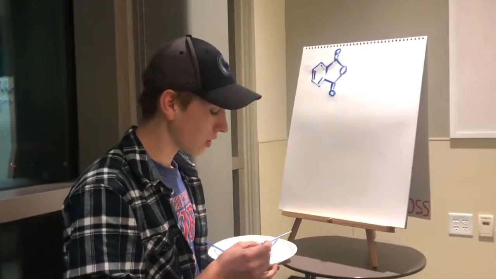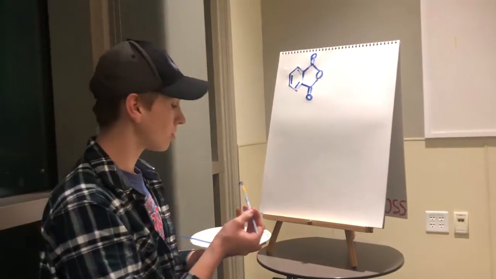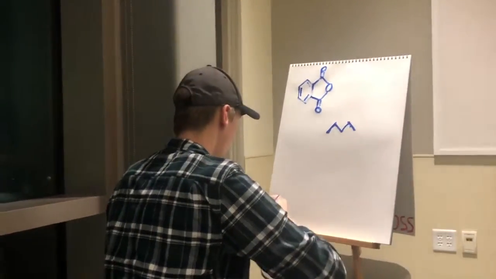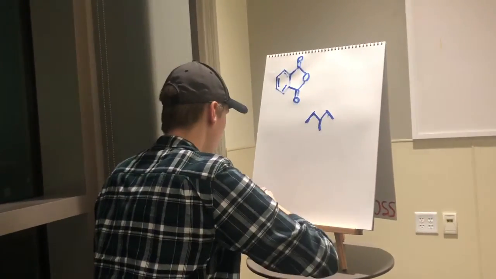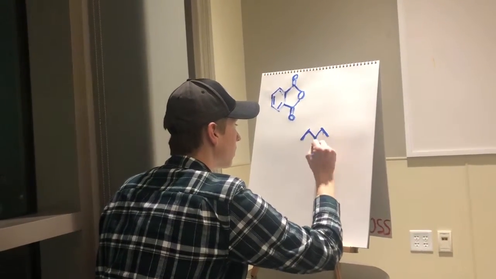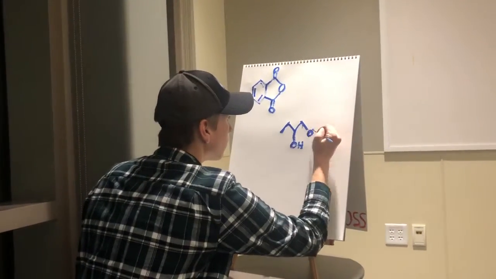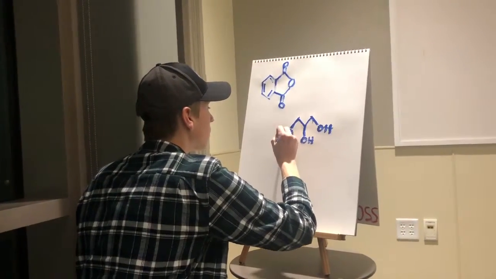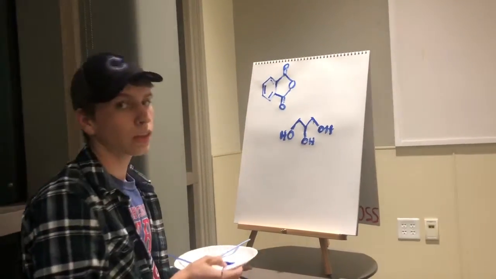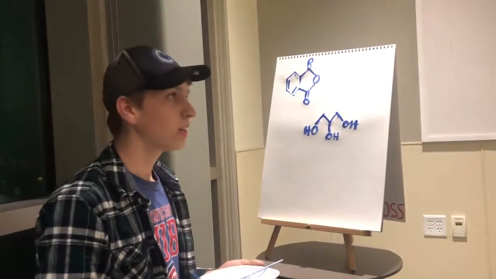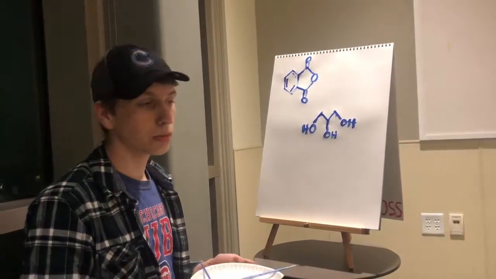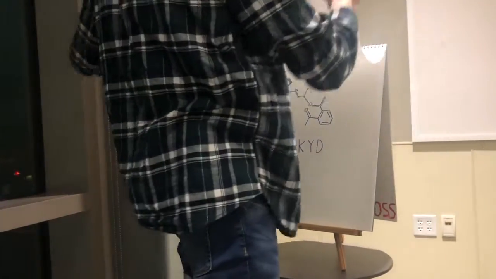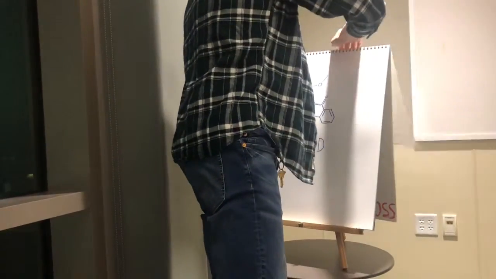Next, we're going to have to react it with another molecule. We have our alcohol. Now, when our alcohol and our dicarbonyl react, we're going to get a nice little polymer we call an alkyd.